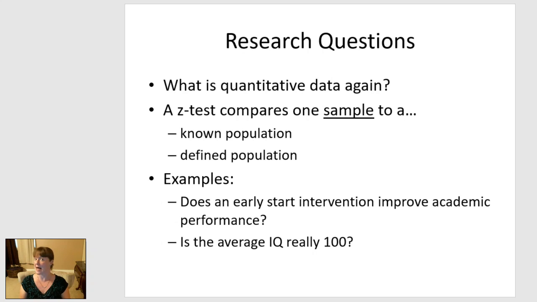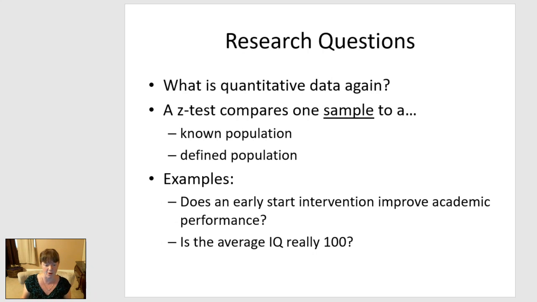Let's say ahead of time, I already know what the average academic performance is for children across the U.S. So now I have my comparison null hypothesis population, and I'm going to give one sample of kids Head Start, and then take that one sample, x-bar, and compare that to that known population.